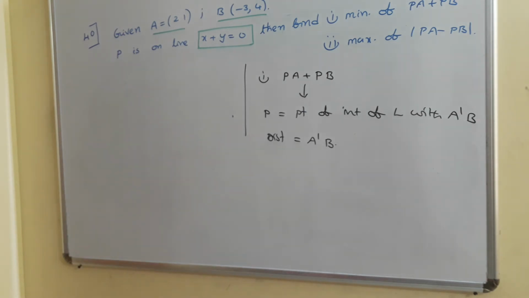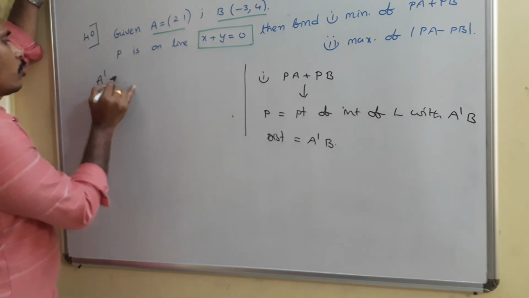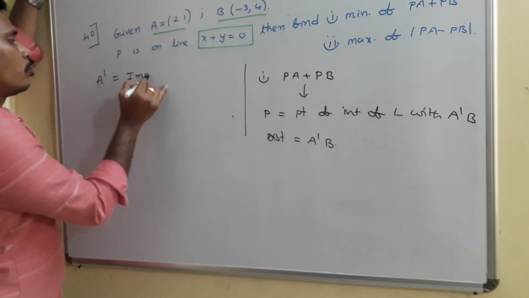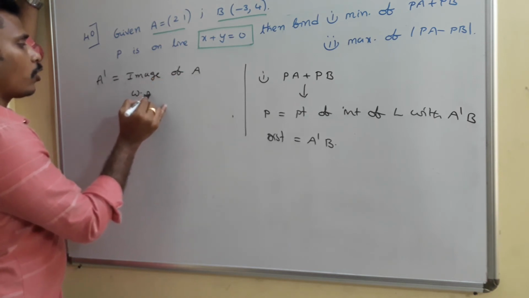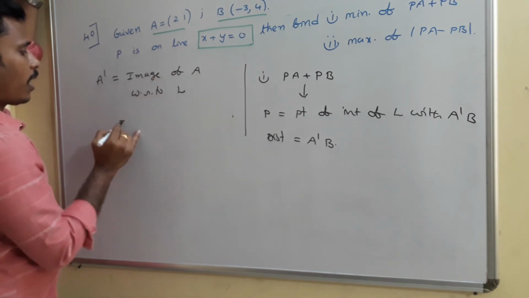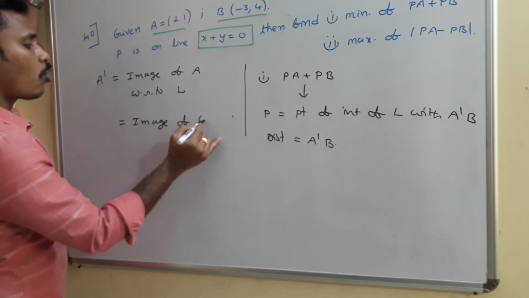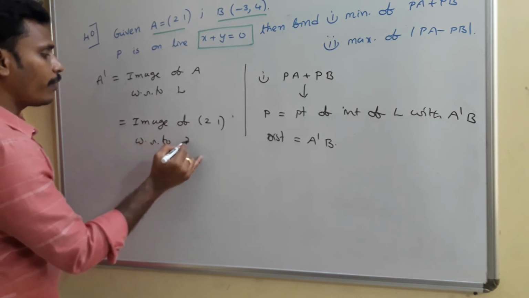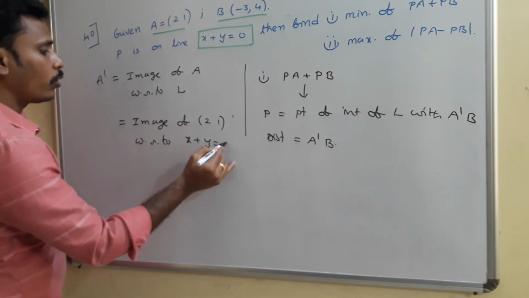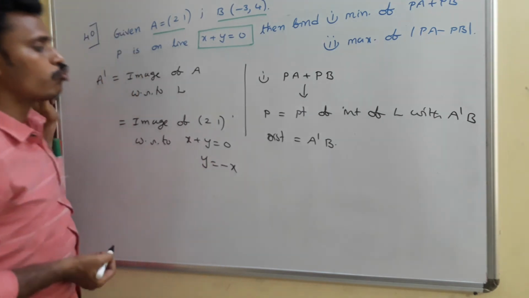We know that A dash is the image of A with respect to L. So A dash is equal to the image of A with respect to the given line, and in particular, the image of the point 2 comma 1 with respect to the given line x plus y equal to 0. X plus y equal to 0 is nothing but y equal to minus x.